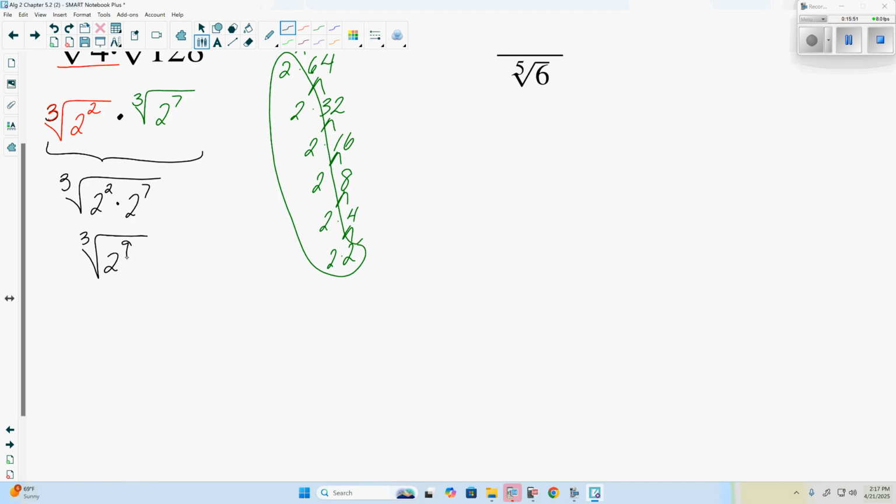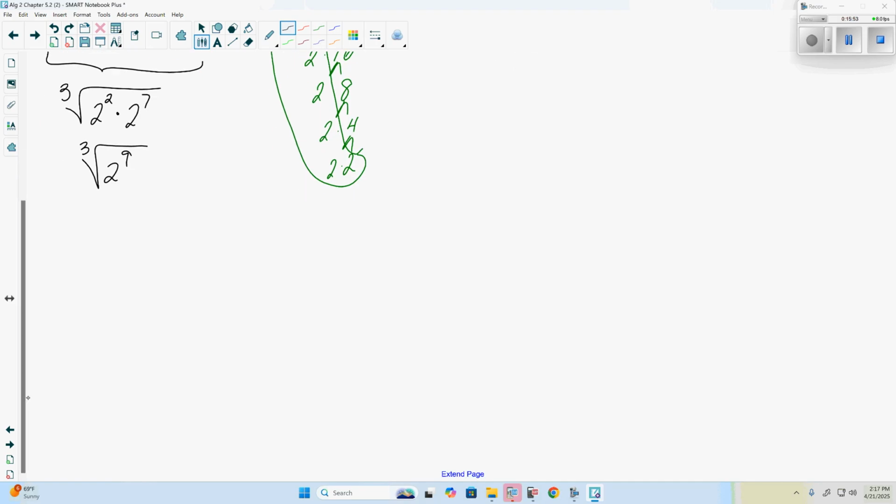Now, I did this last hour. I'll do it again this hour. There are different ways for us to get there. Power of a product, because when we multiply like bases, we add the exponents, yes? So to get this here, especially with 3's, well, it's the same as 2 to the 3rd times 2 to the 3rd times 2 to the 3rd.